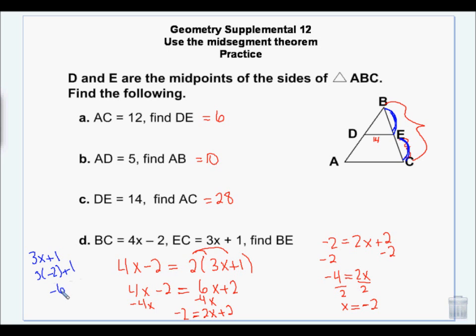Negative 6 plus 1, so I get negative 5. But I can't really have a length of negative 5. If you plug it into BC, it equals -10, so it still works. It just shouldn't ever be negative, but that's a mistake on their end. This should have maybe been 3x minus 1 or something to give me a positive number.